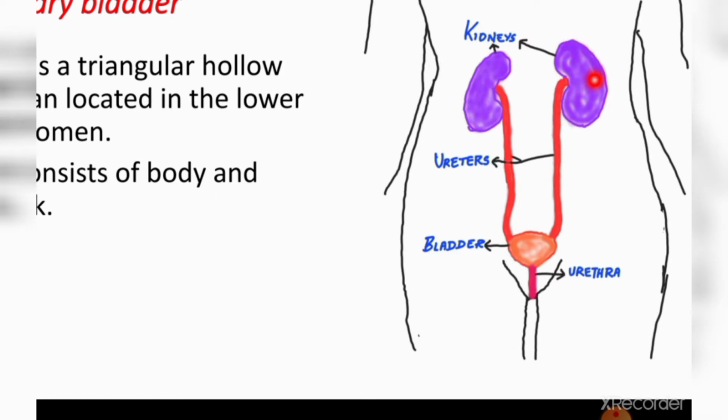The urine produced in the kidney reaches the urinary bladder through these ureters. When the urinary bladder is full, the urine gets out of our body through the urethra. So the urinary bladder expels the urine through the urethra. That process is called micturition.